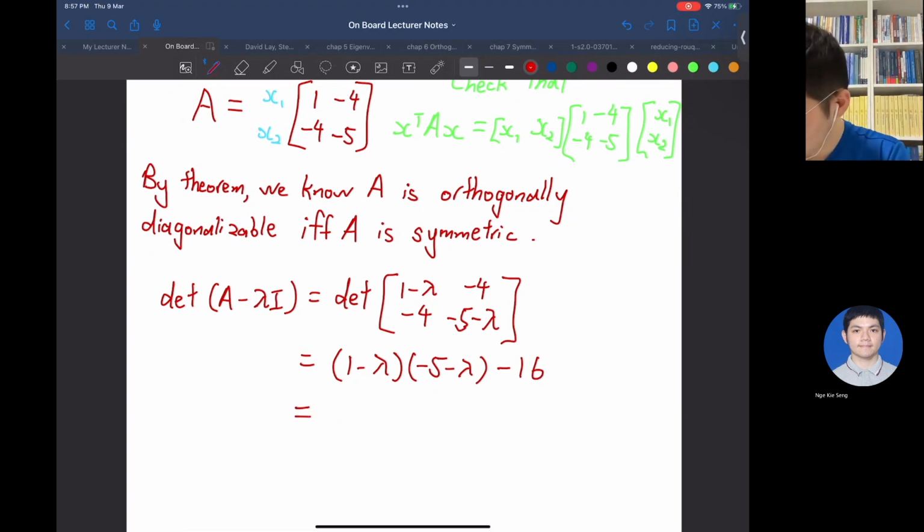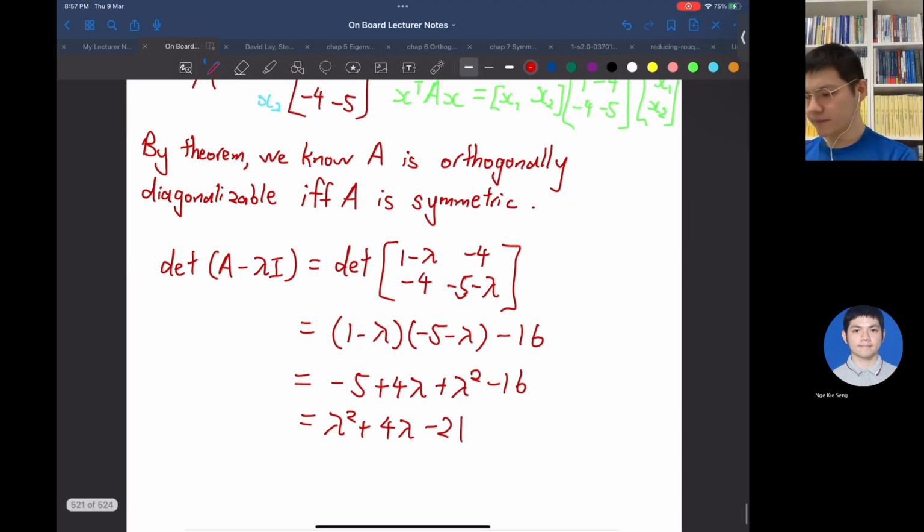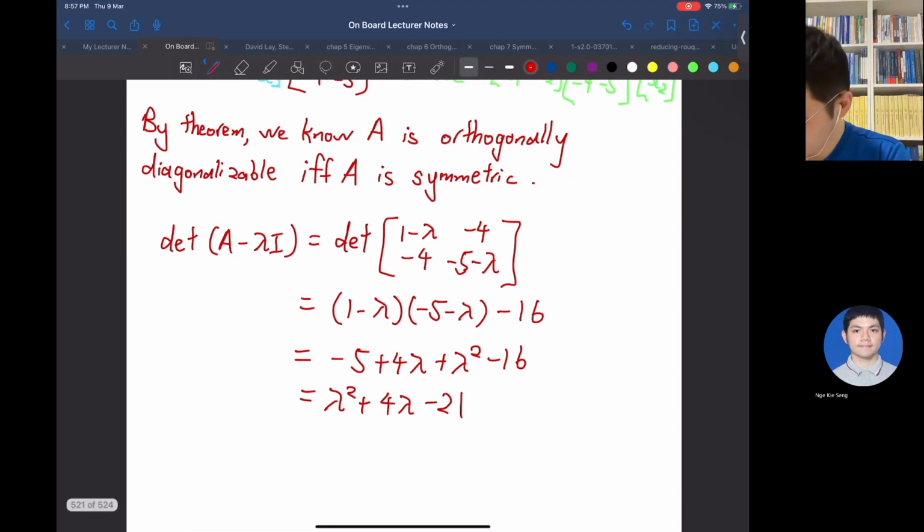Okay, so let's expand it out, which is 4 lambda plus lambda squared minus 5 minus 16, where we get lambda squared plus 4 lambda minus 21. Okay, so in this case, we can factorize it into lambda plus 7 and lambda minus 3.